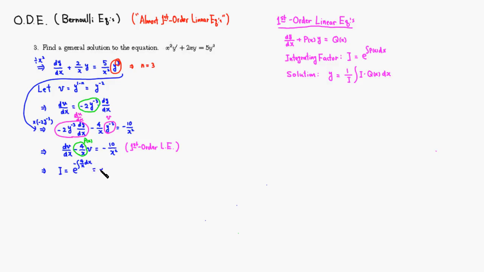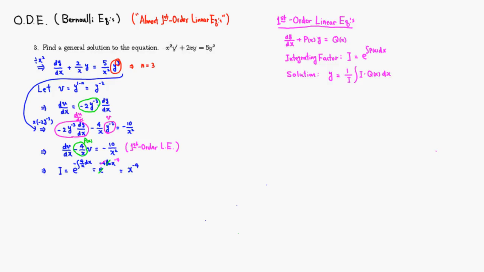So this is going to be e to the, negative 4 is just a number, antiderivative of 1 over x is natural log of x. Then we can put negative 4 as a power up here using one of the log properties. And e to the natural log cancel out, so you end up getting x to the negative 4 power. So that's the integrating factor.